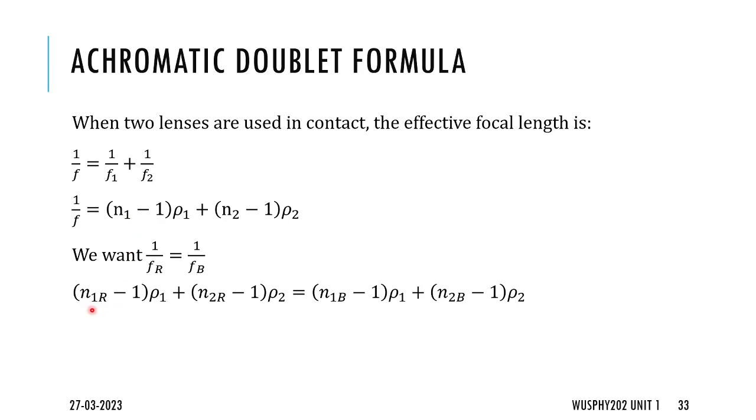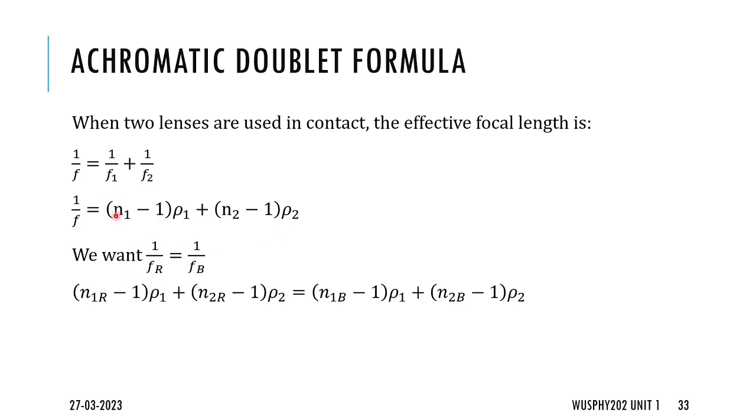You see, refractive index depends on color. So for red, refractive index will be different, for blue refractive index will be different. Rho 1 and rho 2 are not dependent on wavelength. They are shape factors. They depend on 1 by r1, 1 by r2. So rho 1, rho 2 do not depend on wavelength.